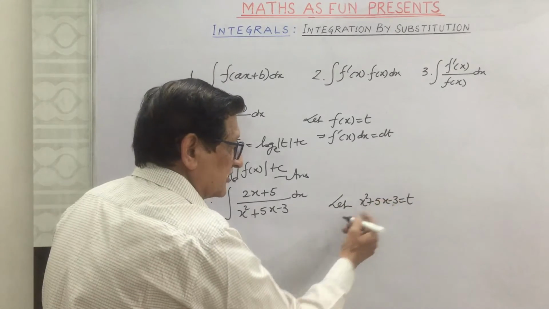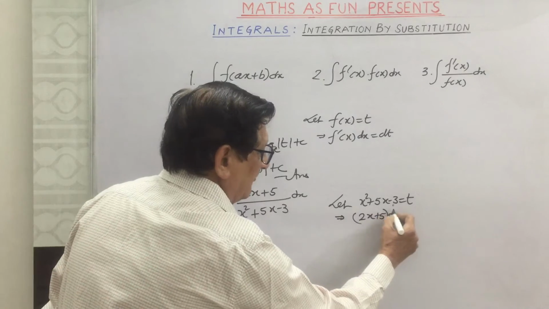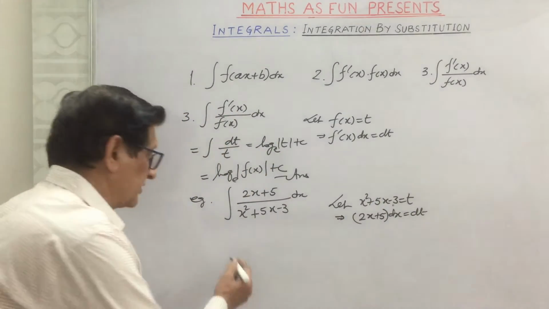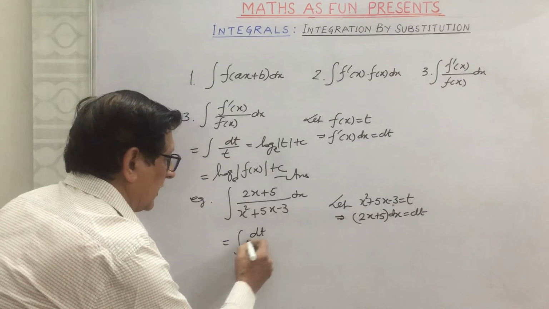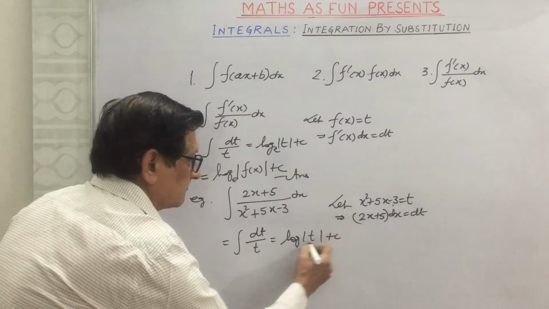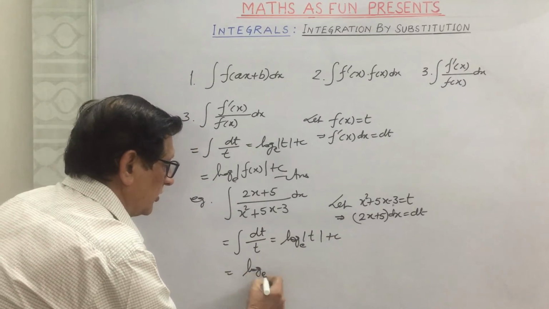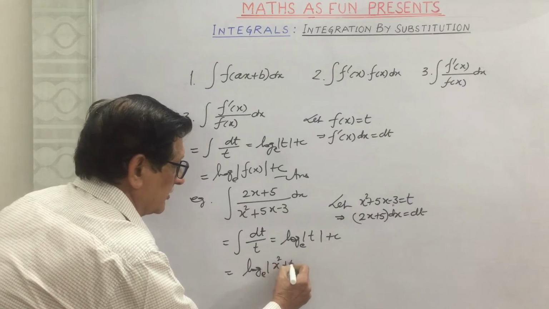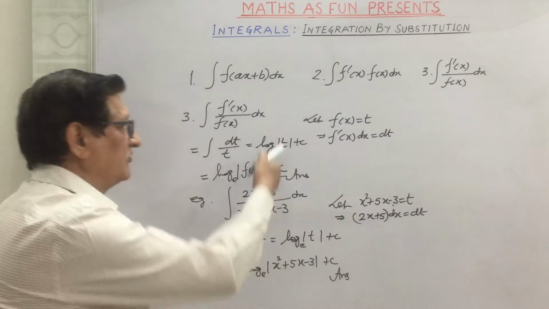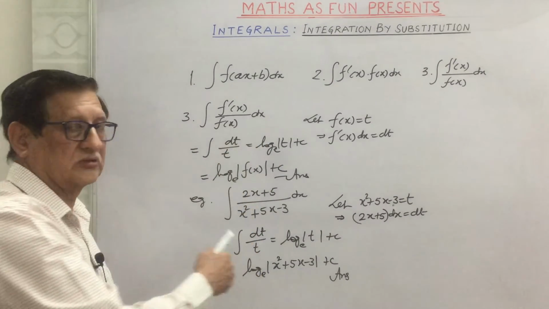And when we differentiate this, we get 2x plus 5 dx is equal to dt. So it becomes dt upon t, which is equal to log of t. We substitute the value of t. This comes as log of x square plus 5x minus 3. So this is the way we can find the integral of such type of functions.